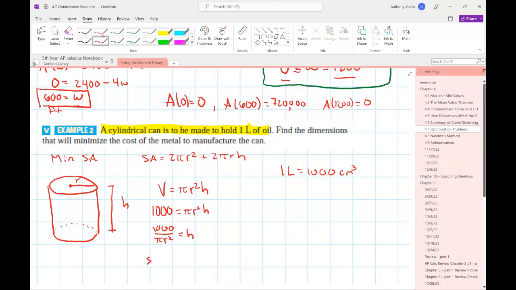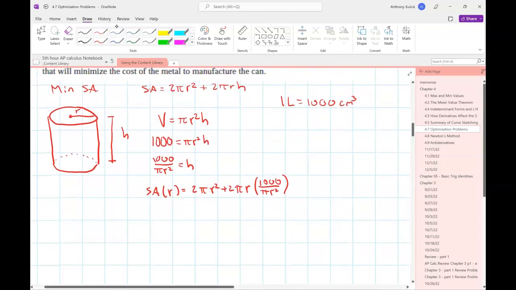So I can substitute that in for surface area. Is everybody okay with what I did there?